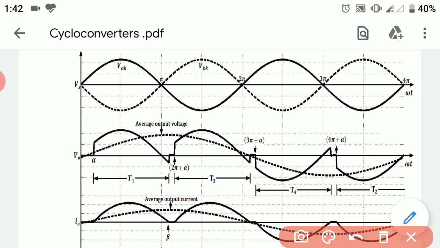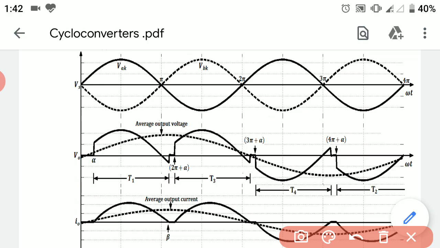The only difference in these waveforms is the discontinuity in output current when we are using RL load.